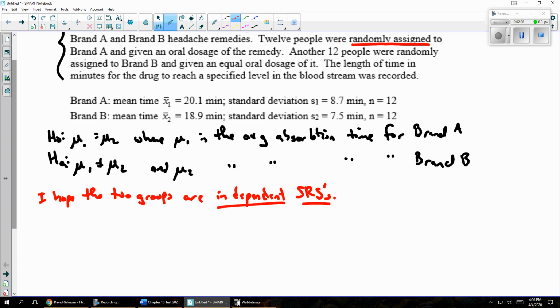Next, I need to see if I've got large counts. Well, I don't. Both of my sample sizes are small.